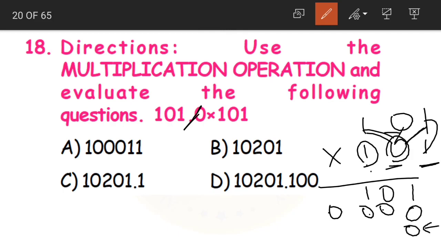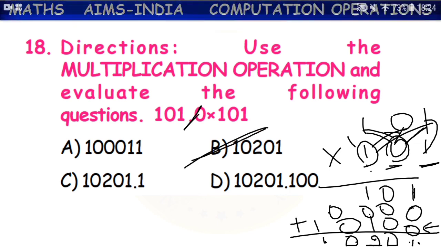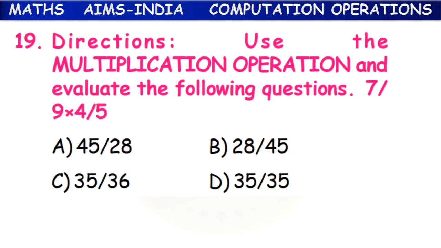After 1 we have 2 digits, so 2 zeros. 1 ones are 1, 1 zeros are 0, 1 ones are 1. Adding our partial products, 1, 0, 2, 0, 1. What is our final answer? 10201. That is option B. Clear, children? That was multiplying 101.0 into 101.